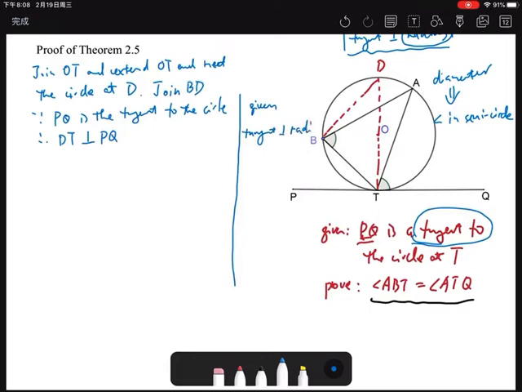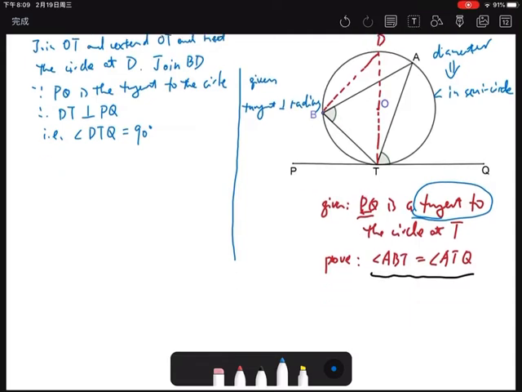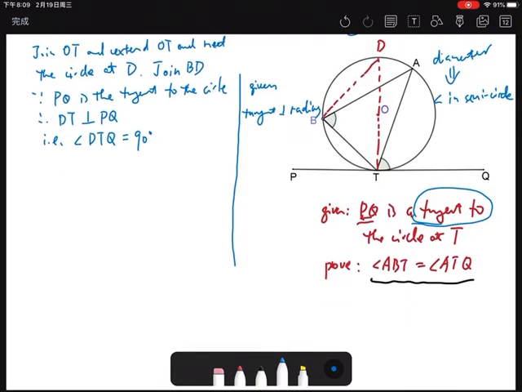The reason is tangent perpendicular to radius. So it means that angle DTQ equals 90 degrees. From perpendicular we get the angle being 90 degrees; this is just the basic definition of perpendicular. So you have to write it out.